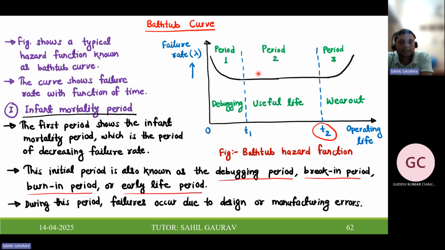The first period is the infant mortality period, which is the period of decreasing failure rate. So you can see this curve is decreasing, failure rate is decreasing. This initial period is also known as debugging period, break-in period, burn-in period, or early life period. During this period, failures occur due to design or manufacturing errors.